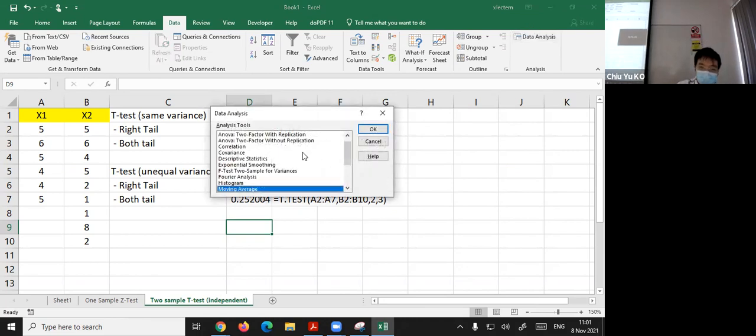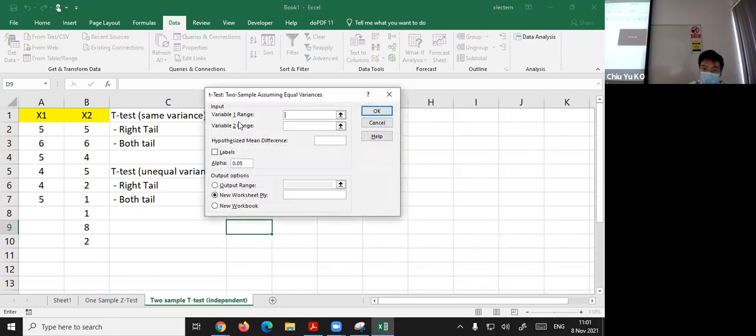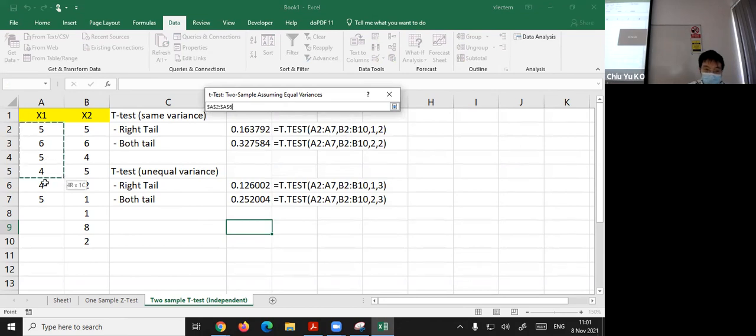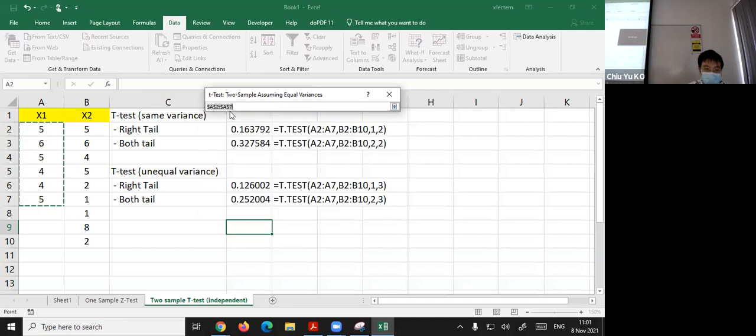We have something called the t-test, which is the first one: t-test two-sample assuming equal variances. It asks you for the range. This is the range, and here we have labels, so you can go from the beginning to the end.